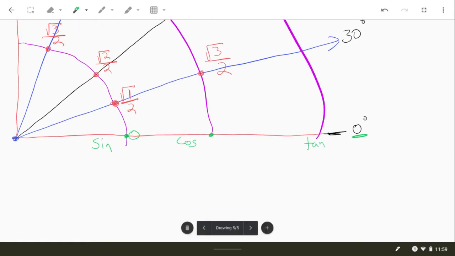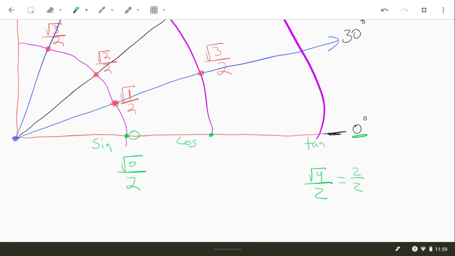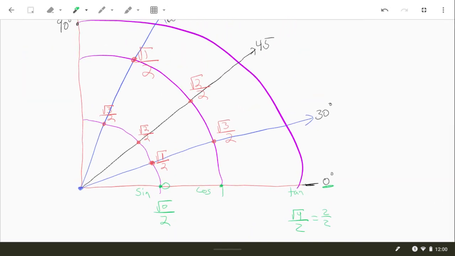The next one is going to be root 4 over 2, just like with sine it was 0 over 2. So root 4 over 2 becomes 2 over 2, which gives us 1. Cosine of 0 degrees is going to equal 1.